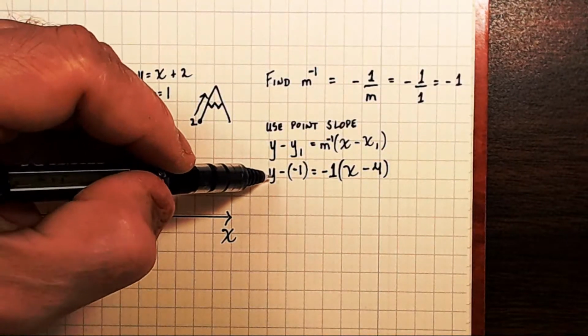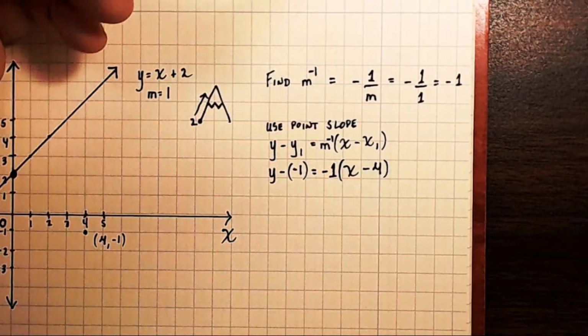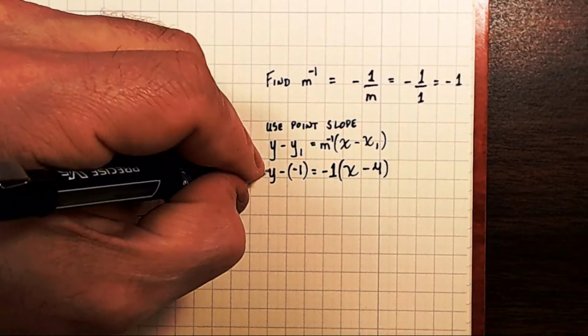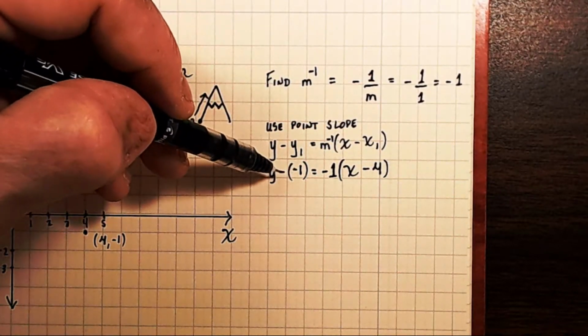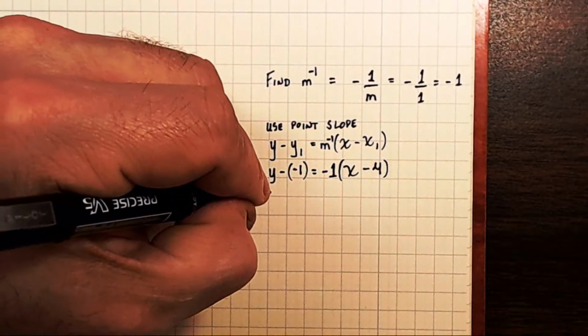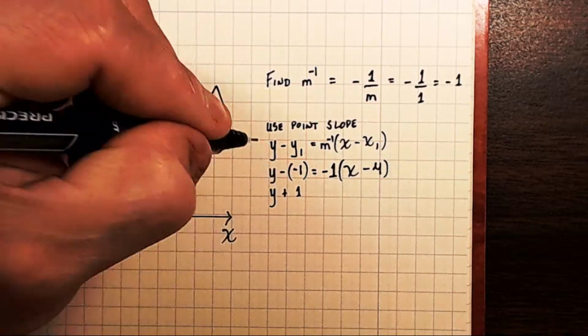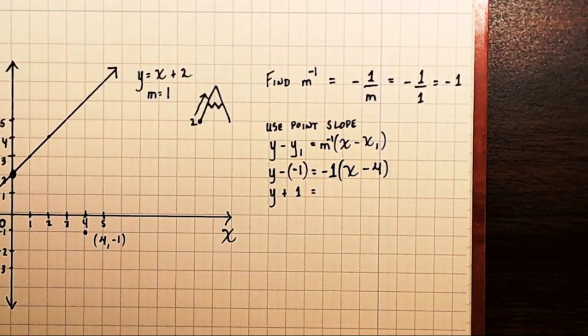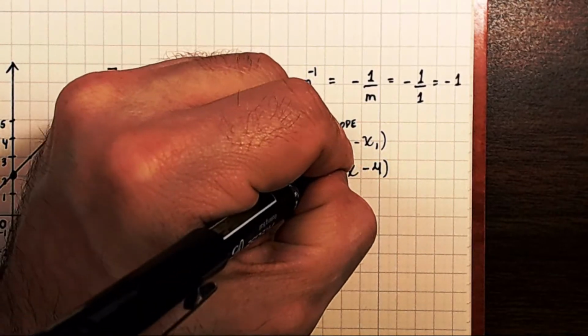Let's simplify, distribute, and solve. We want y by itself on the left, and everything over here in y equals mx plus b form. So I have y minus -1. Two negative signs become positive. That gives y plus 1 equals. Distribute the -1 through the parenthetical expression.